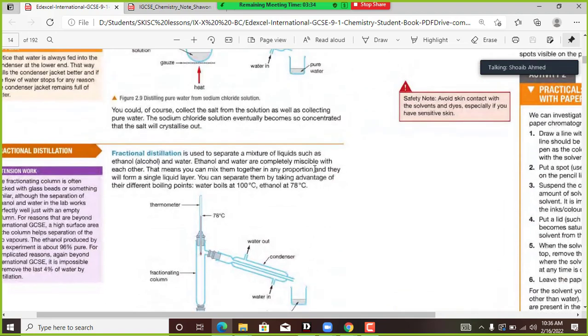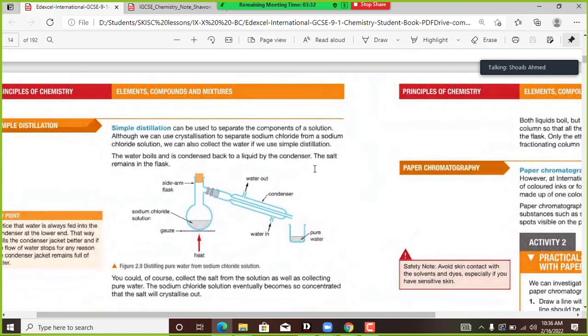Fractional distillation and simple distillation have been shown. What can simple distillation be used for? Simple distillation can be used to separate the components of a solution, although we can use crystallization to separate sodium chloride from sodium chloride solution.